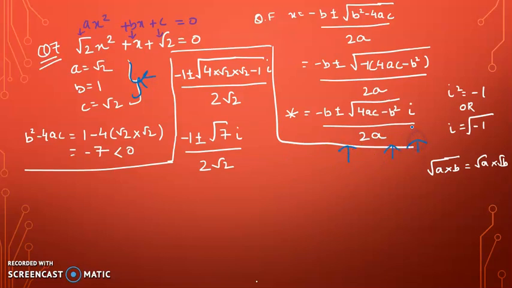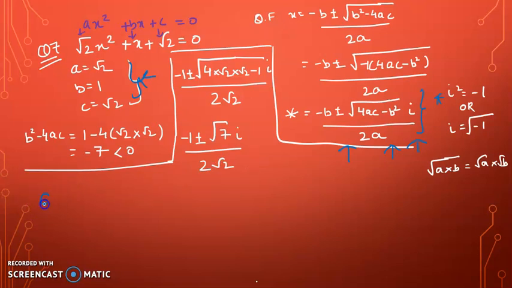I had explained in the previous video how I derived this formula, I'm still repeating it, so don't forget this, very important. So directly substitute, you will get minus 1 plus minus root 7 I upon 2 root 2. Followed, students? Okay, so in this way you will solve whichever questions are left now.